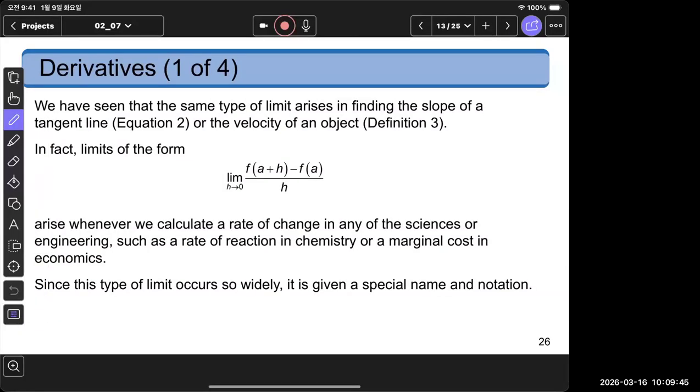So previously, we considered this expression f of a plus h minus f of a over h as h goes to 0, and this was representing the slope of the tangent line.